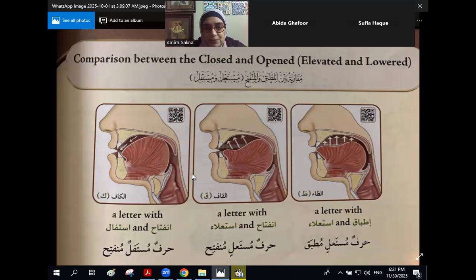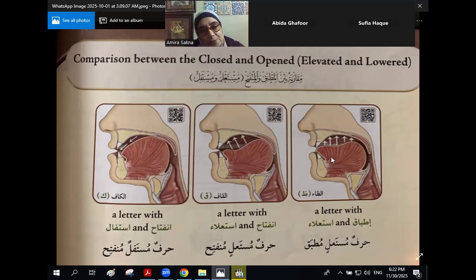We are going to take the three examples: the ظا and the qaf and the kaf, which we explained already, but now they are all together beside each other, because when you make a comparison between things, it will be clearer in your mind. It will stick to your mind more.